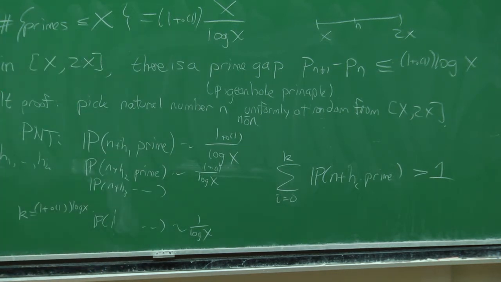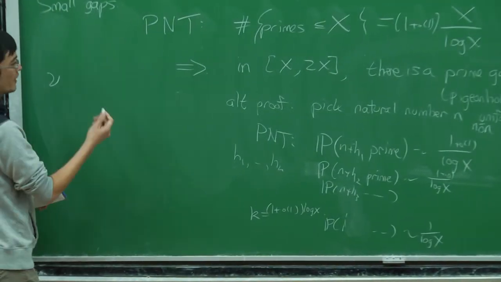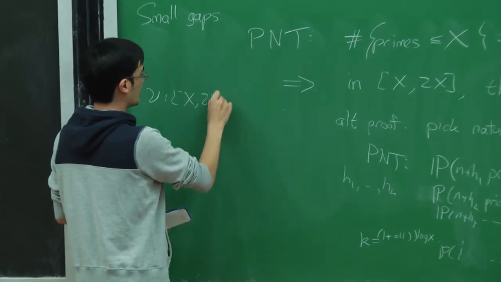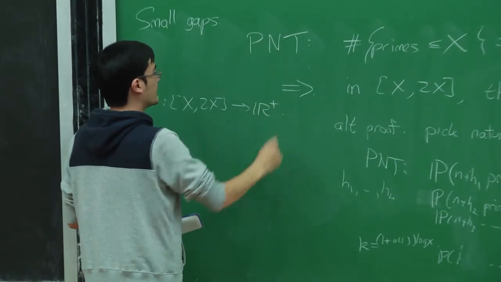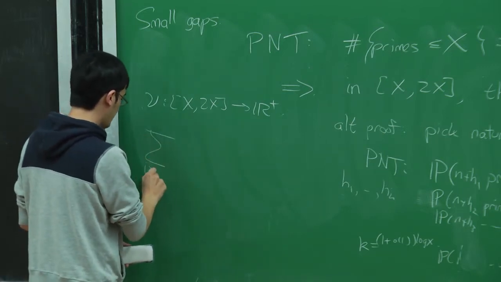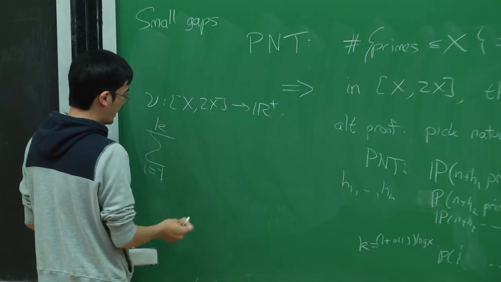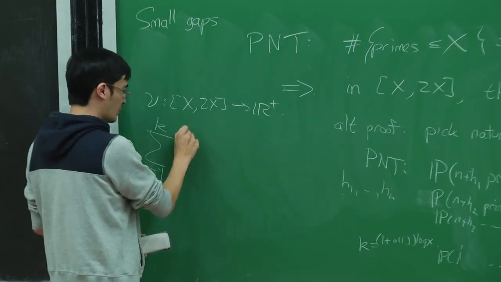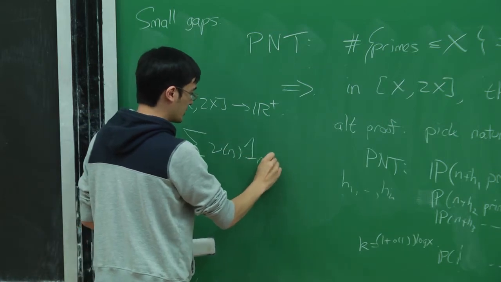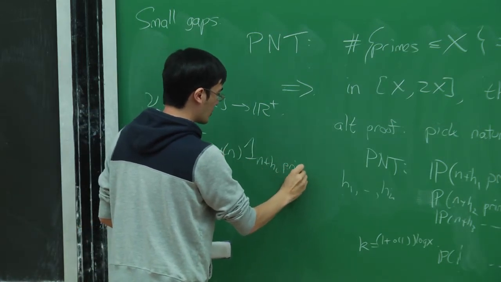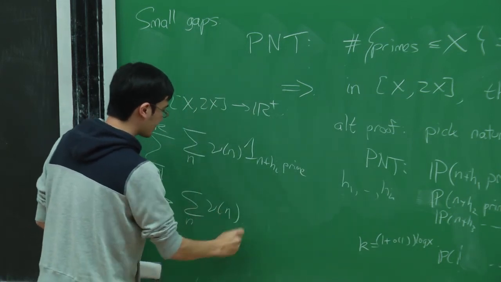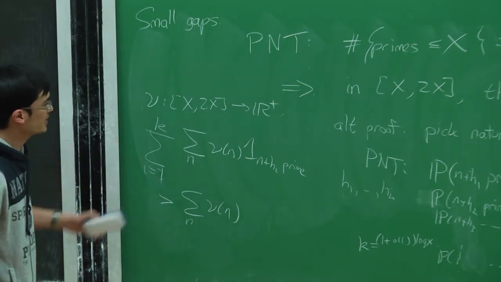Another way of saying that is that you need to find a good weight, a good density function, which I call nu. The whole game is to find a good non-negative function nu such that, if you sum from i equals 1 to k, the weighted probability, which is the sum of all n of nu of n restricted to n plus hi being prime, is bigger than the sum of all nu of n.